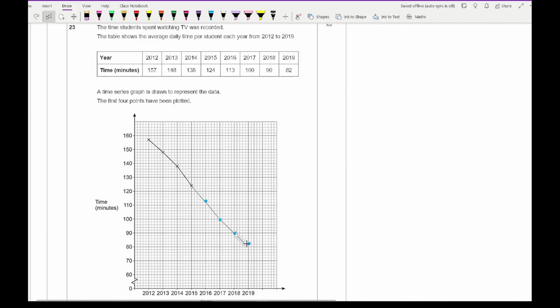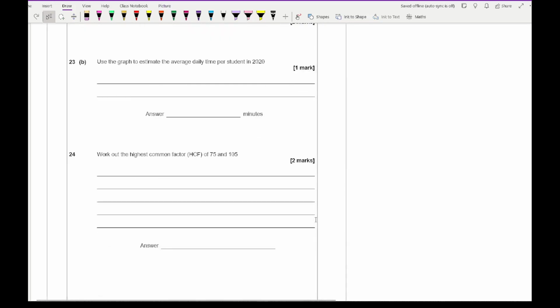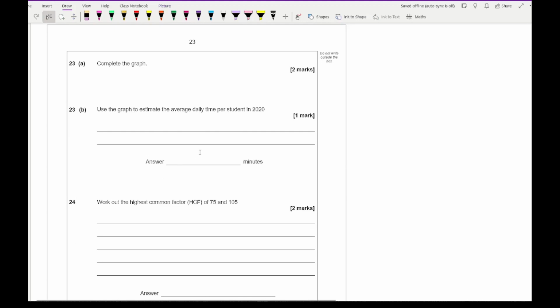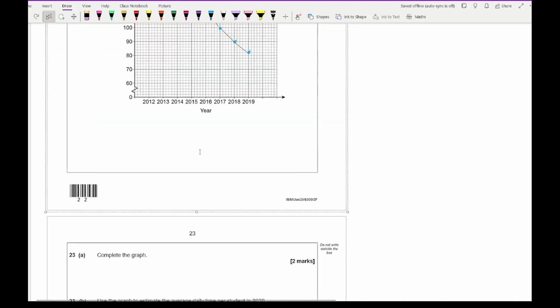And it is important that you do join those points. So failure to just mark the dots would only get you one of them. There we go.